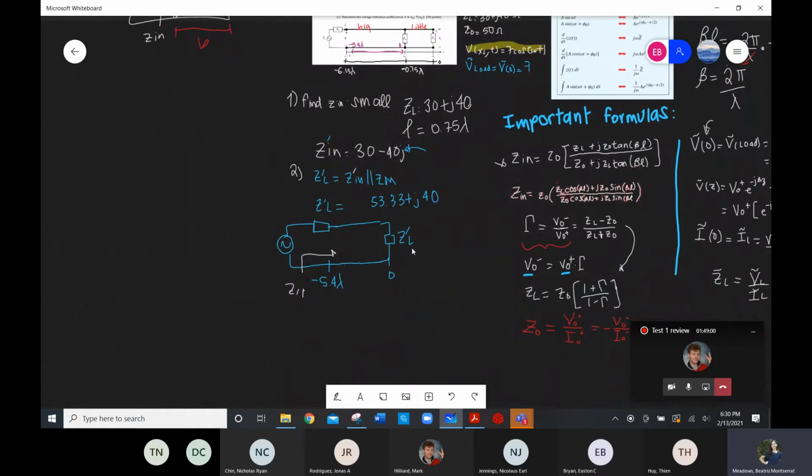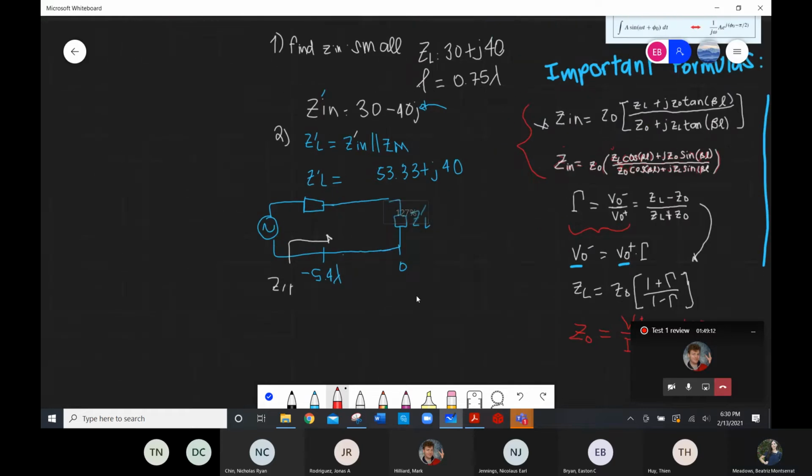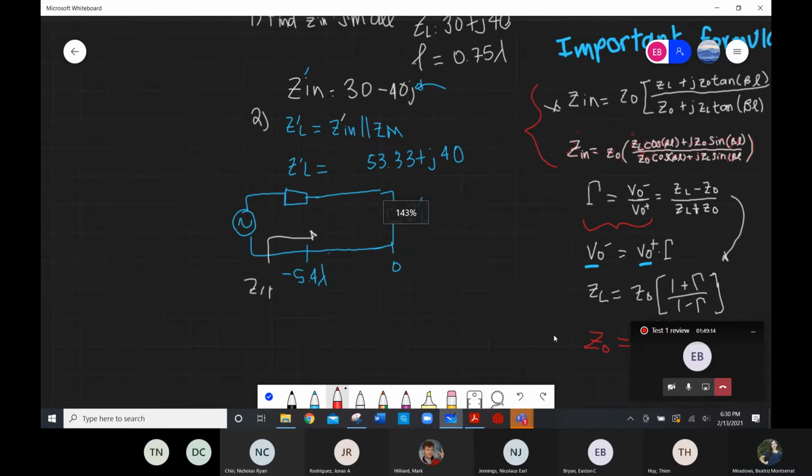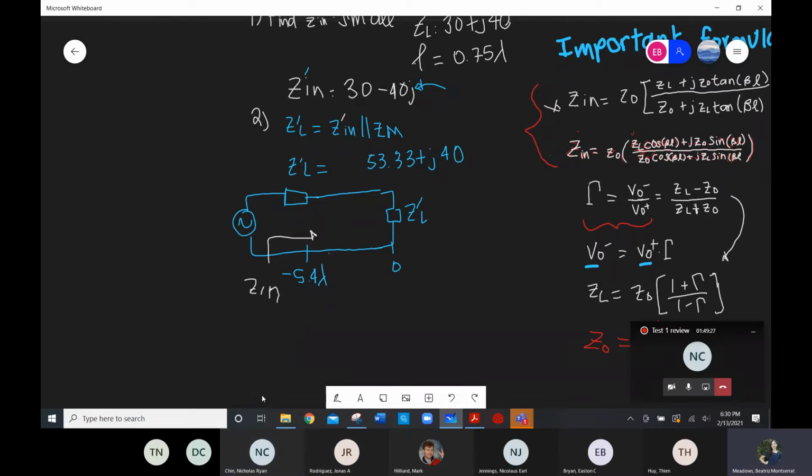So finding C prime L, store this value in your calculator, plug it in here, either formula you like, and what distance are we going to use? Use the 5.4. Yeah, 5.4, and it has to be positive because it's Zin, okay?